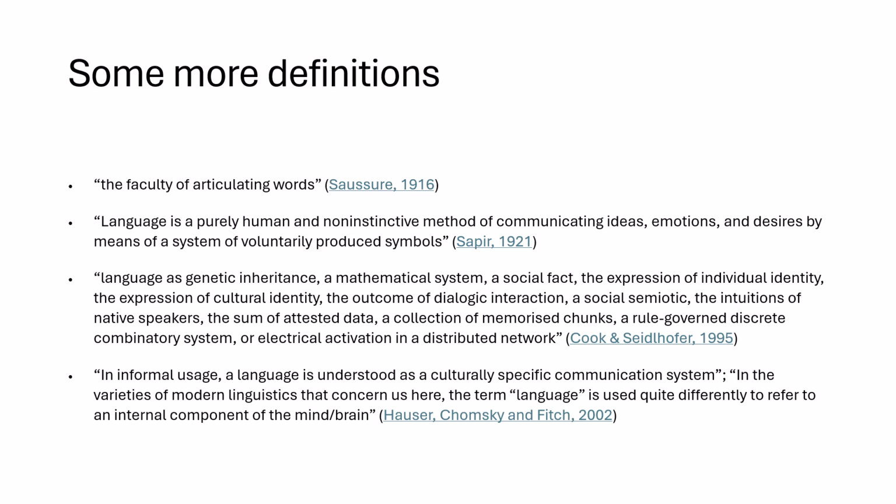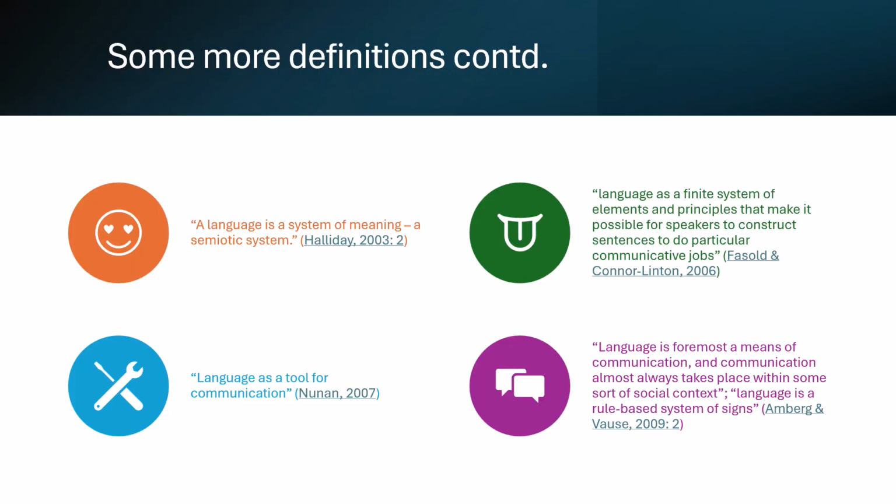So everybody knows Chomsky with his issue of mind and brain concerning language. But essentially, we are looking at it as having usage, and it has communication, all these things.